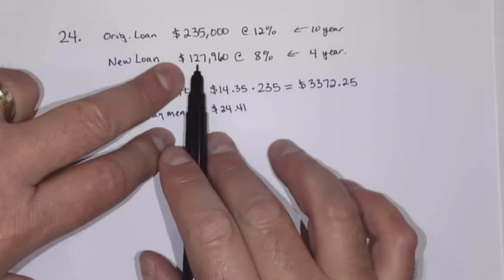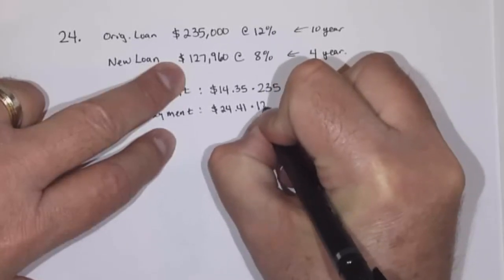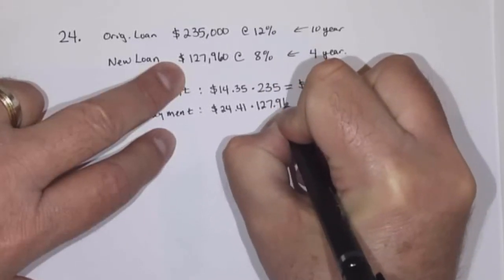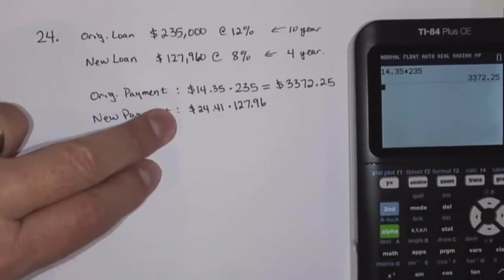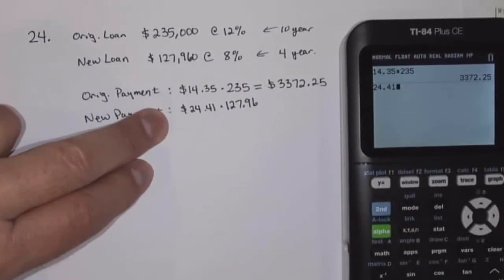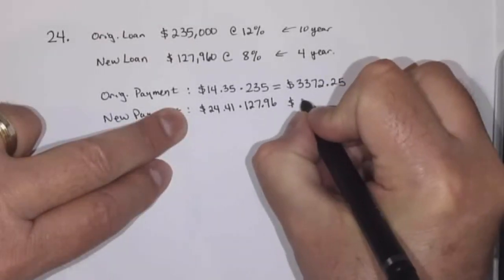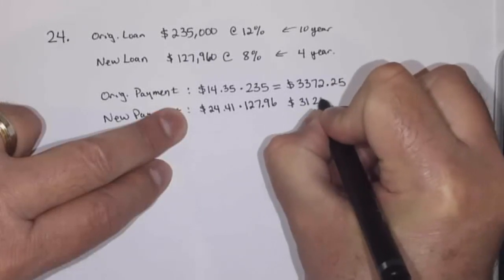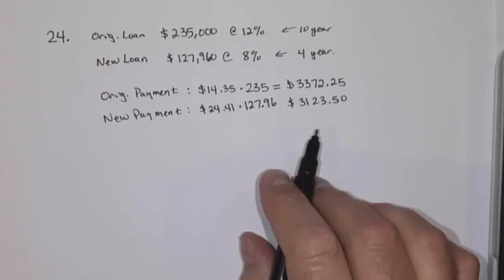We have $127.96 thousand. So 24.41 times 127.96, that is $3,123.50. So $3,123.50 is going to be our new payment.